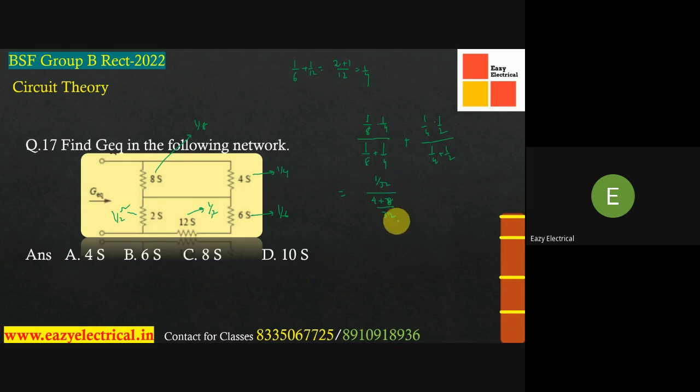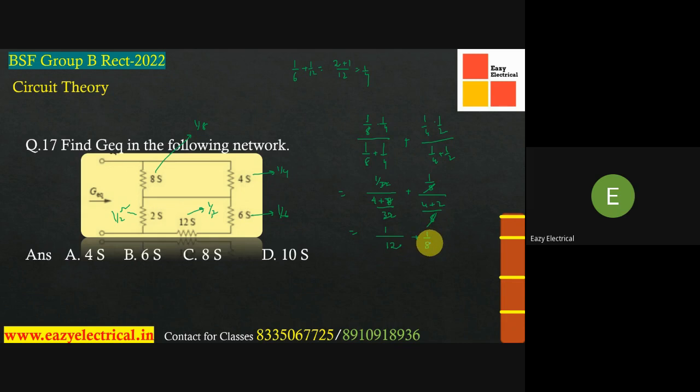That will be far easier. Plus 1 by 8 divided by 4 plus 2, right? Divided by 4 into 8. So 8 gets cancelled, 32 gets cancelled. So 1 by 4 plus 8 means 12. And here 1 by 8.